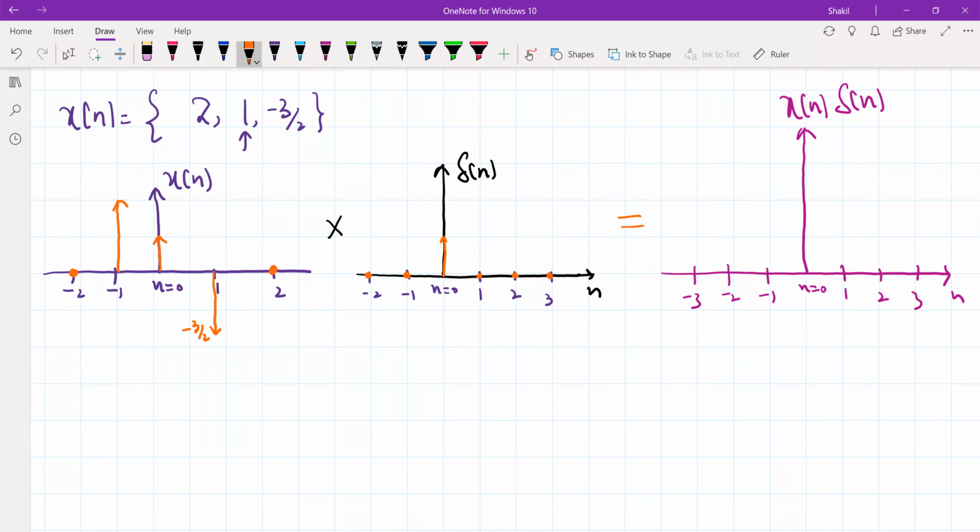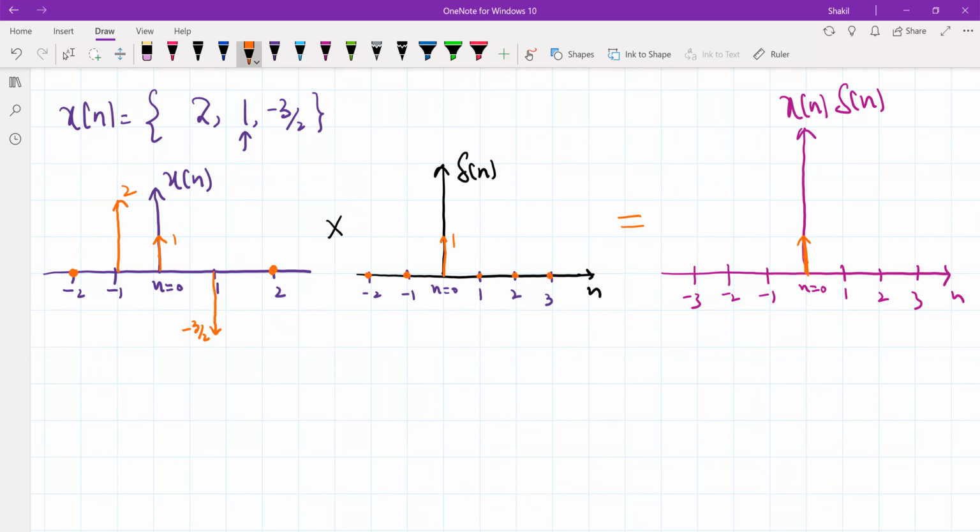Let's start with n equal to 0 point. At n equal to 0, the value of the sequence is 1, and the value here is 1. So when we multiply, the value will be simply 1.